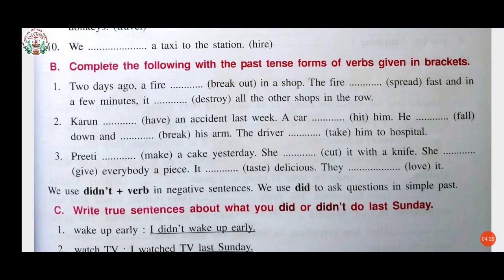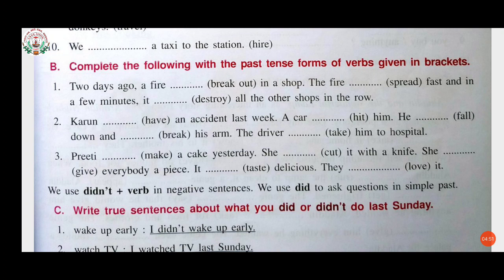Then B1, B is what? Complete the following with the past tense forms of verbs given in brackets. So again you can see that in bracket options are given and you have to change those verbs into past tense. Like first one is 2 days ago a fire dash in a shop.